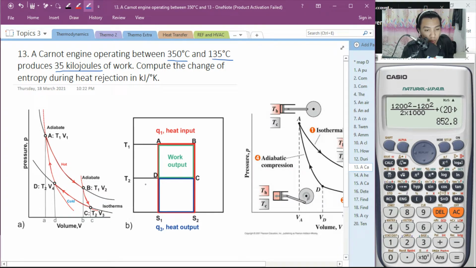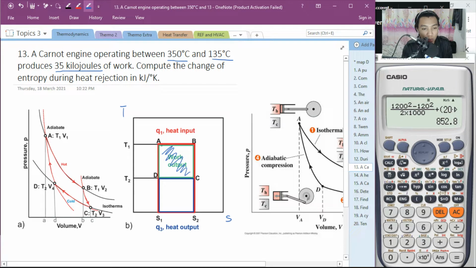From your 2 to 3, that is constant temperature. Tapos, pangatlo, from your T2 to T3, that is heat rejection. So, this is the TS diagram ng iyong Carnot Engine.